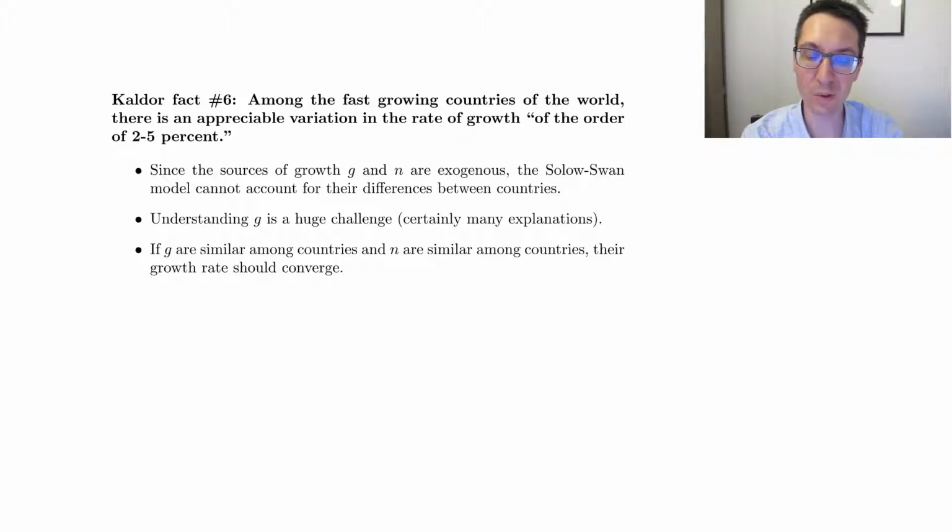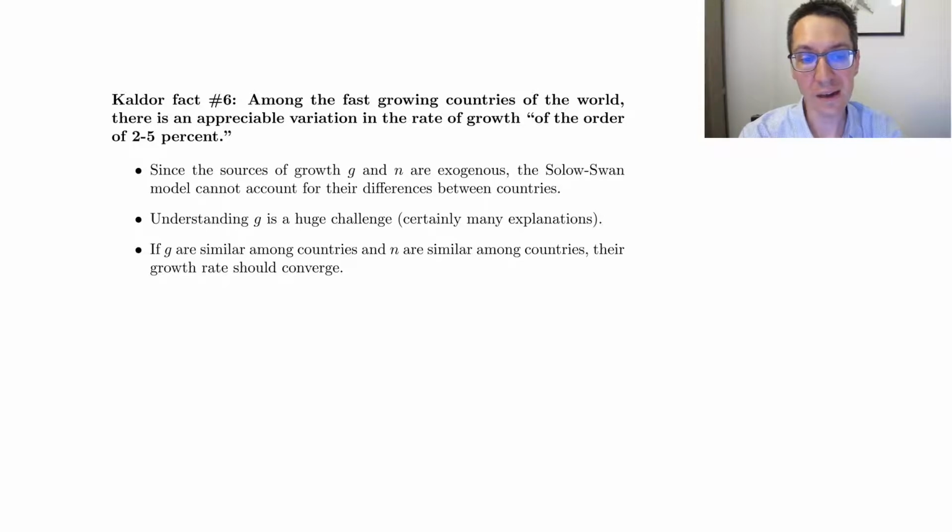between different countries. Unfortunately, these discrepancies are not explained within the context of the Solow-1 model, simply because here we take them as exogenous, so we're not saying where these differences in g and n may come from.